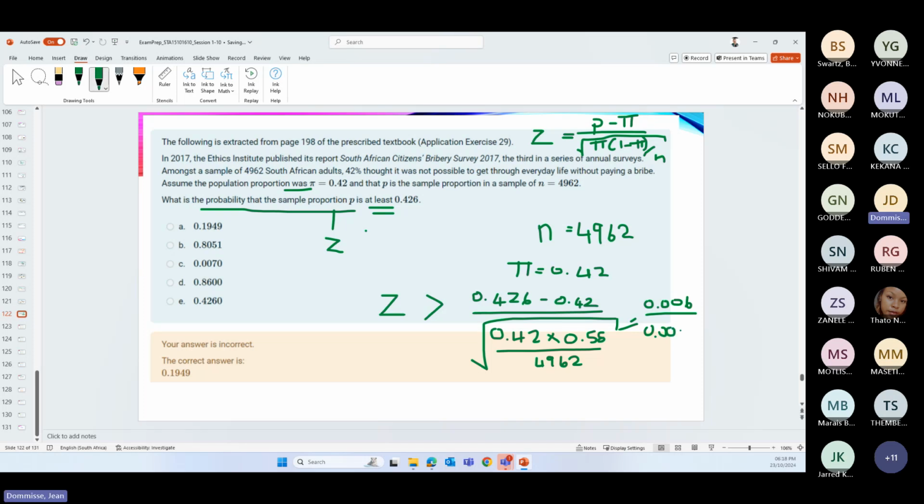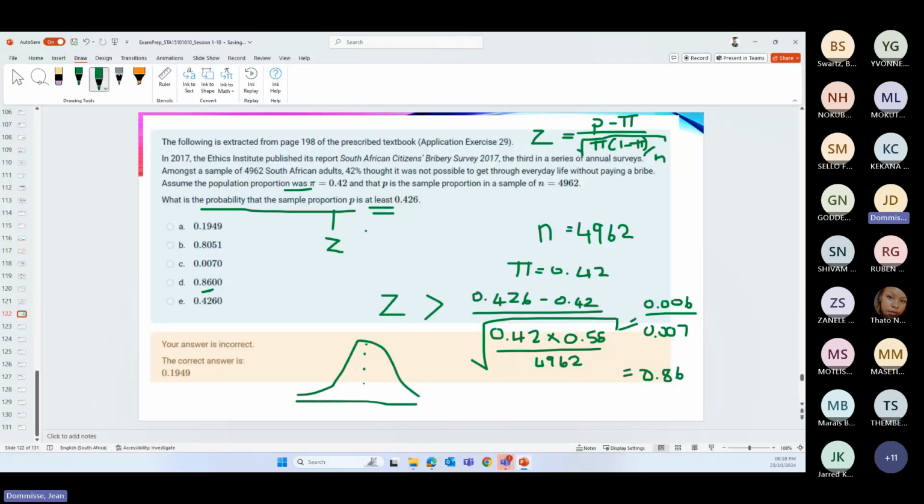So if I do that, let's hope it makes sense. The Z must be bigger than 0.86. Okay, so there is the Z value.